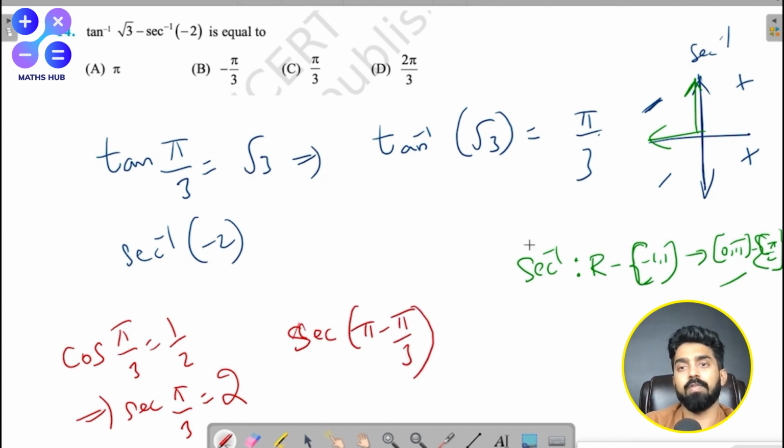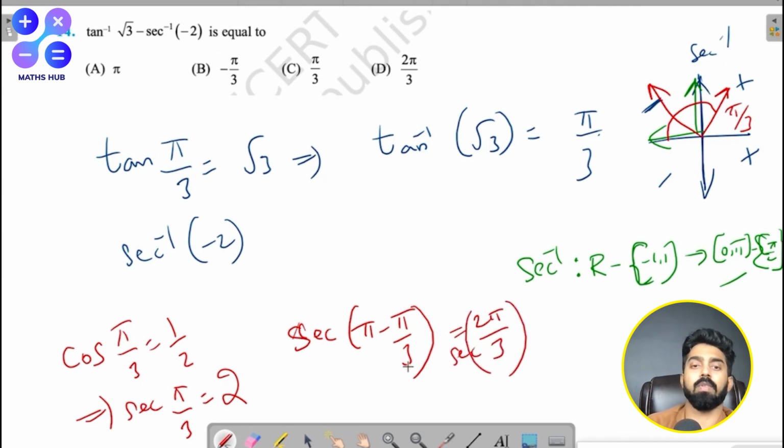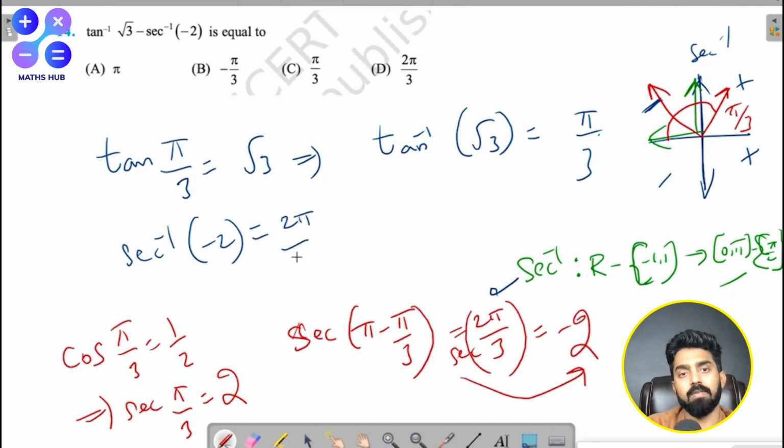If secant of pi by 3 is 2, then to find the negative you get pi minus this value. So pi minus pi by 3 is 2 pi by 3, secant of 2 pi by 3. So secant of 2 pi by 3 gives you minus 2. So secant inverse of minus 2 will give you 2 pi by 3.